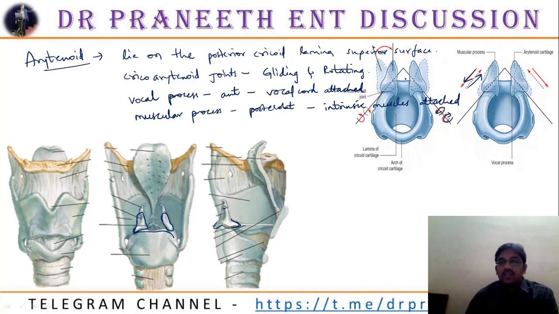The arytenoids can rotate inward, outward on this cricoid surface. Also, they can move forward, backward on this cricoid lamina surface. So at this cricoarytenoid joint, both gliding and rotating are possible. Why this is important is later on to understand vocal cord adduction and abduction.